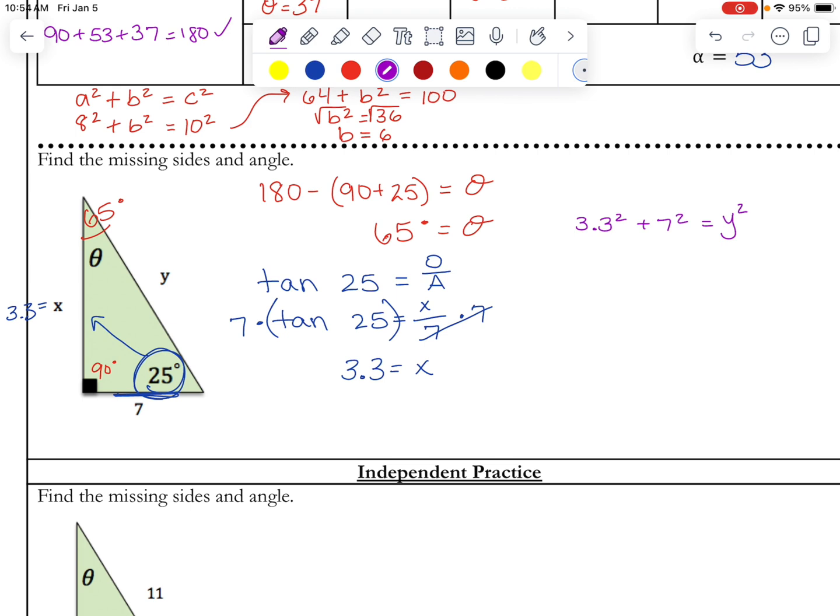When you put this in your calculator, you should get y equals 7.7. Once you put this piece in your calculator, don't forget to take the square root of it to find y. That is it for that one. You can label this in our triangle.